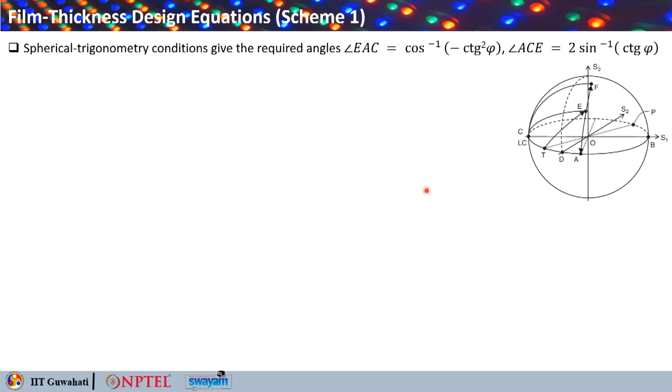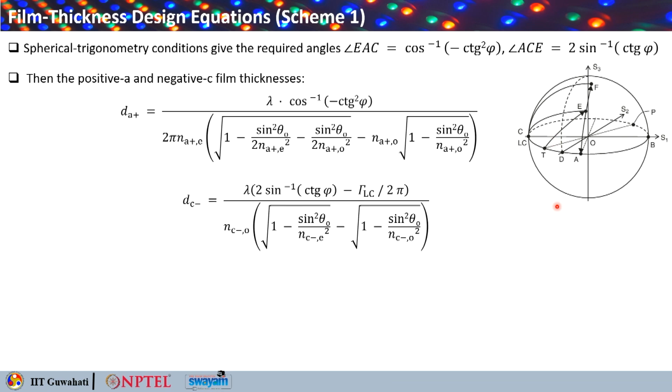The spherical trigonometry conditions give the required angles. Angle EAC comes out to be cos inverse of minus cot squared phi, and angle ACE is 2 sin inverse cot phi.